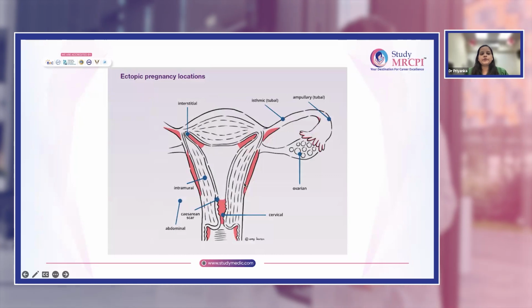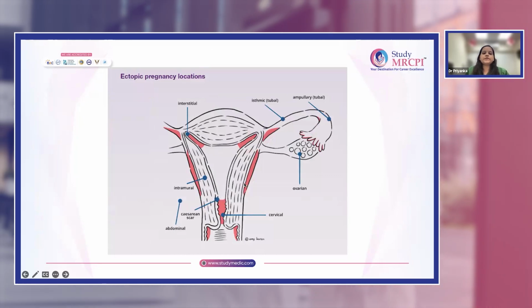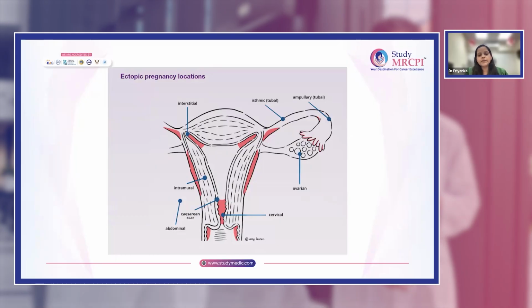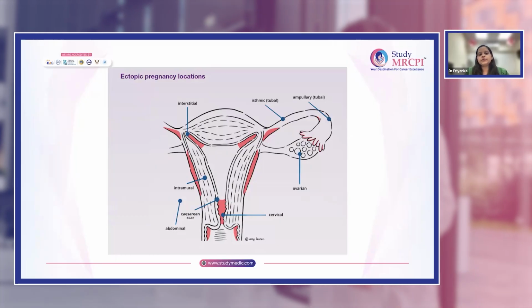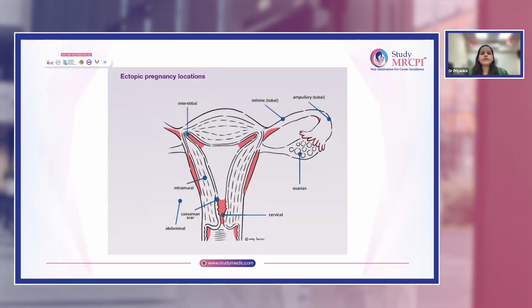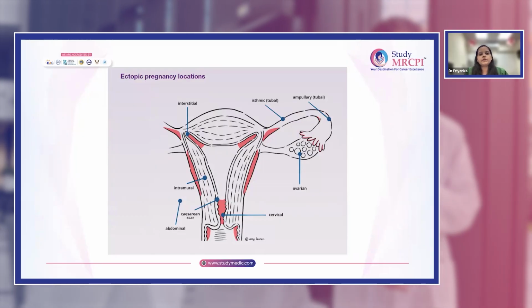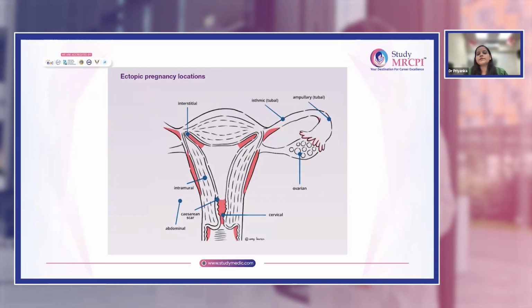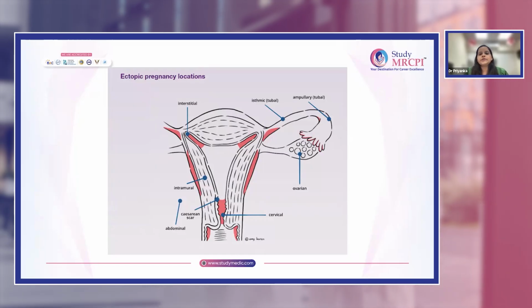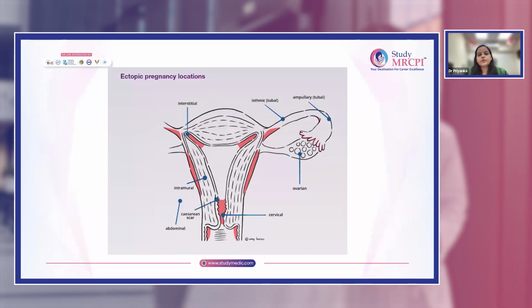So first coming to the ectopic pregnancy, what is ectopic pregnancy? When there is abnormal location of the pregnancy, other than where the pregnancy should normally locate, then it is called an ectopic pregnancy. So it is not located in the normal intrauterine location.